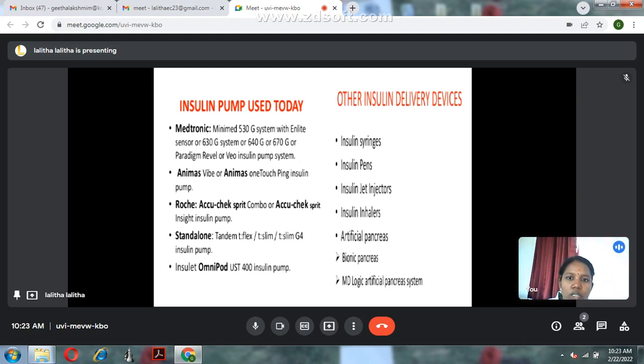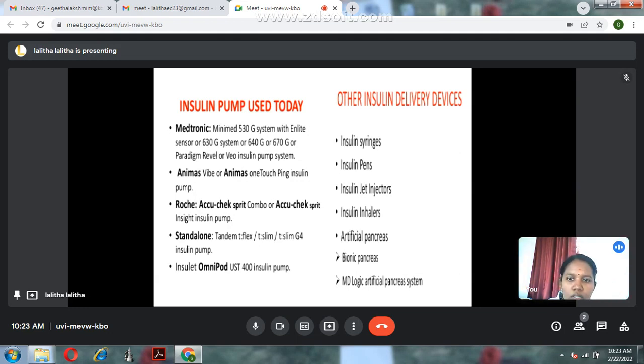So these are the insulin pumps used today. Medtronic means the MiniMed 530G system with Enlite sensor, or the 630G system, or the 640G, or the Veo insulin pump system. Animas Vibe or Animas OneTouch are also insulin pumps.